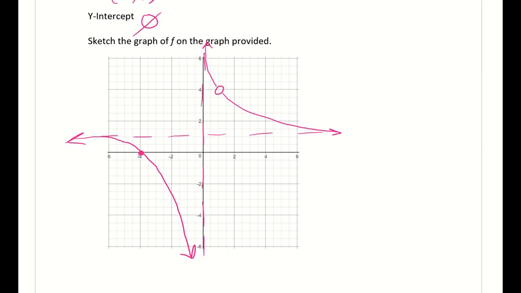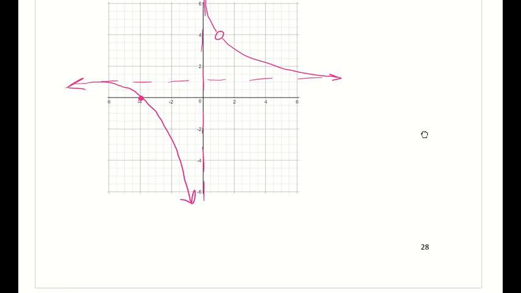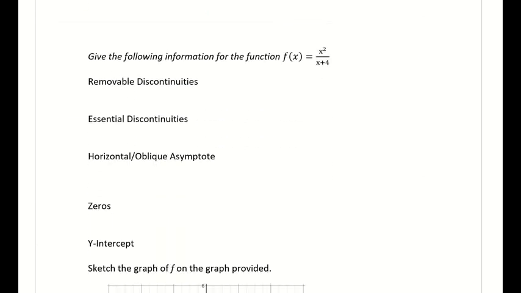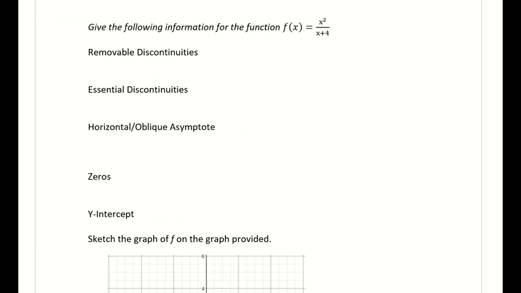If you want, you can substitute some more points in and make it a little more precise, but it's going to follow this general pattern.